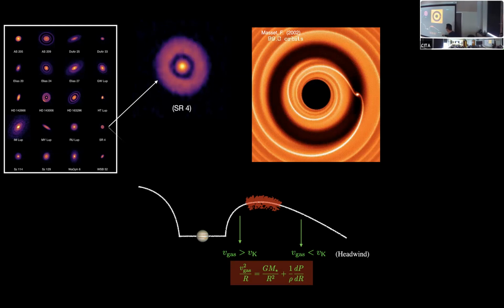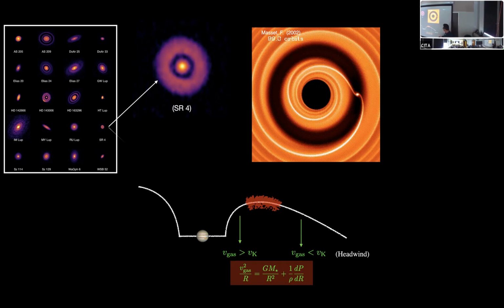Conversely, outside, where the pressure gradient is falling, the gas velocity will be sub-Keplerian. That means a dust grain following pretty much Keplerian motion will feel a headwind here, so it will drift towards this side, and the contrary happens on the inside, where the pressure gradient is positive. So you start accumulating dust at this pressure maximum.